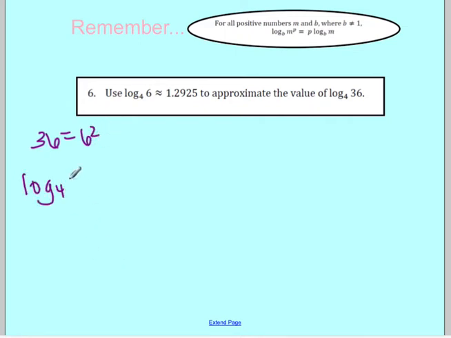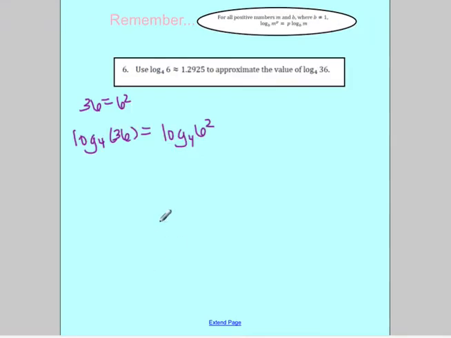So log base 4 of 36 will equal log base 4 of 6 squared. Now I can use my power of power rule, and I can go ahead and bring that 2 down in front to make it multiplying. So it is really 2 times log base 4 of 6.